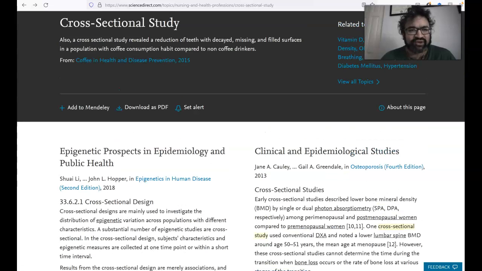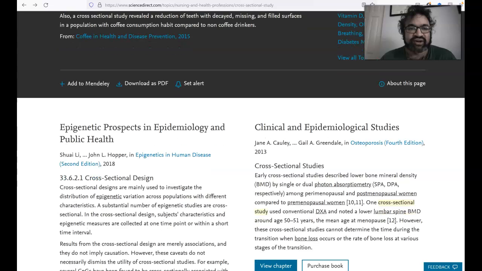It starts with a cross-sectional study that was conducted in a population on the reduction of teeth with decayed, missing, and filled surfaces. So this was between drinking coffee and not drinking coffee.